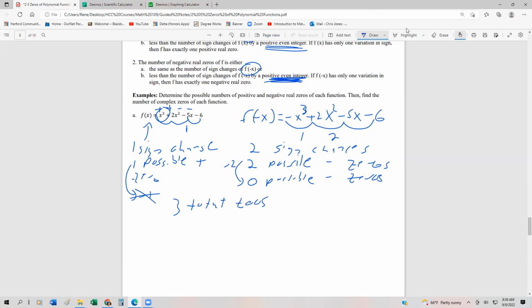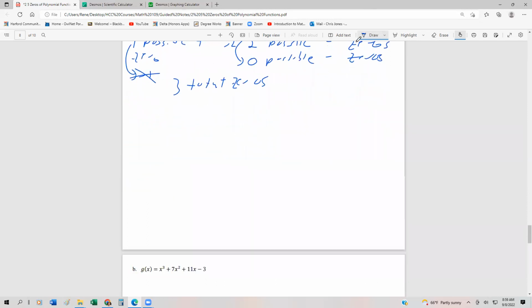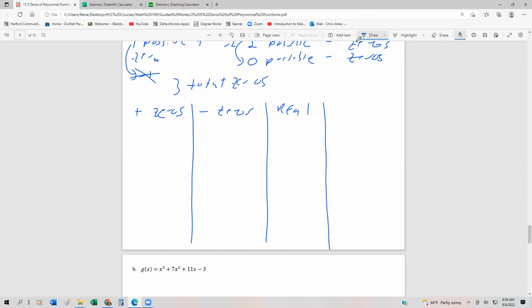So here's what we can do to find out what the possible combinations of zeros might be. I'm going to make a small chart here. We have our positive zeros, then we have our negative zeros. Then we can have our real zeros, and these are possible numbers.